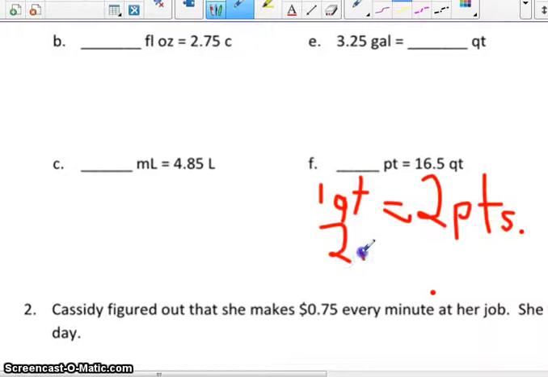Or you could write it as 2 pints equals 1 quart.